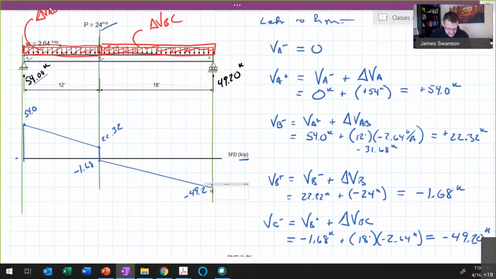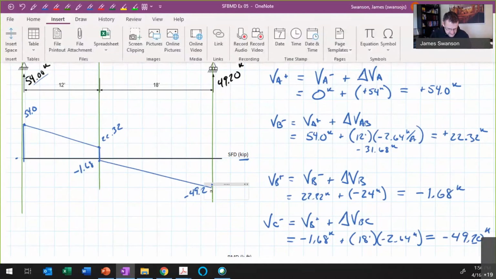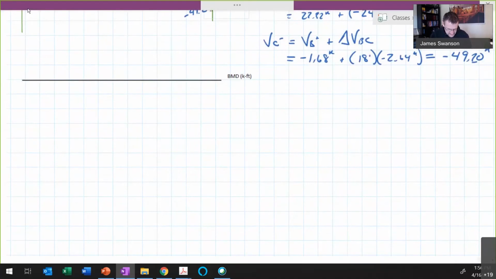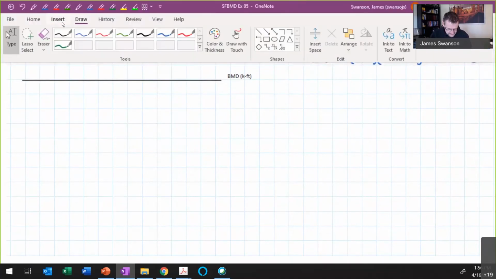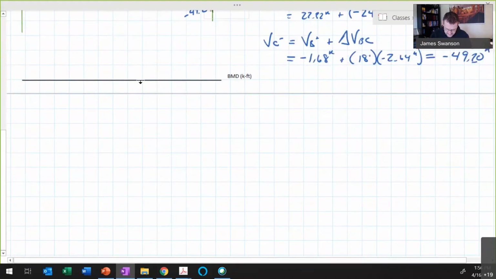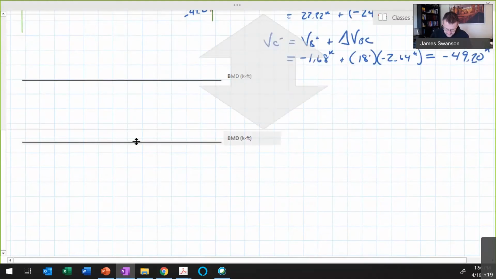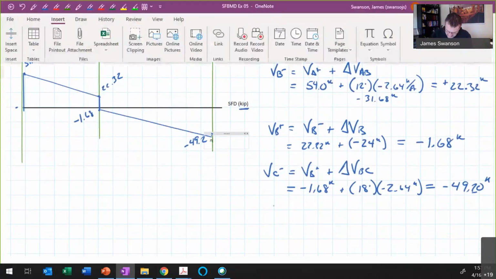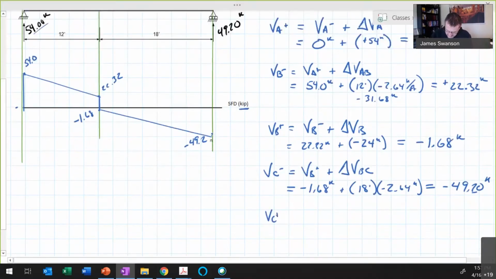All right, I need a little bit more space here. So let's see, I can do this. Try that again. There we go, perfect. Okay, and so then finally we could say that the shear just to the right of point C is equal to the shear to the left of point C plus the change in shear at point C, so that's equal to minus 49.2 kips plus the magnitude of this force, 49.2 kips, and that's equal to 0.